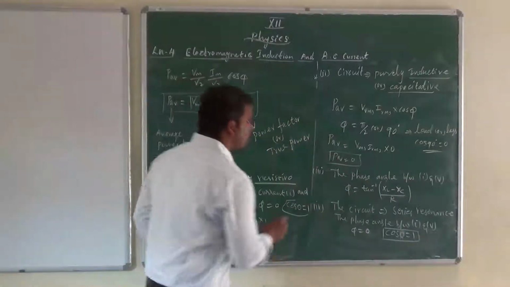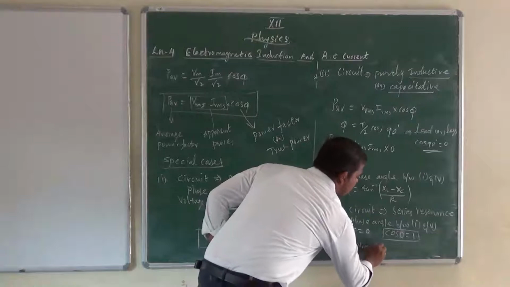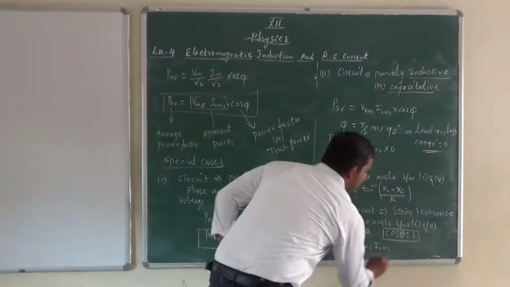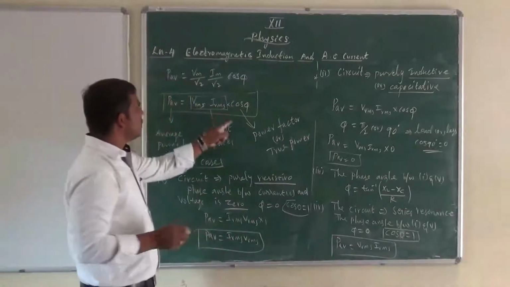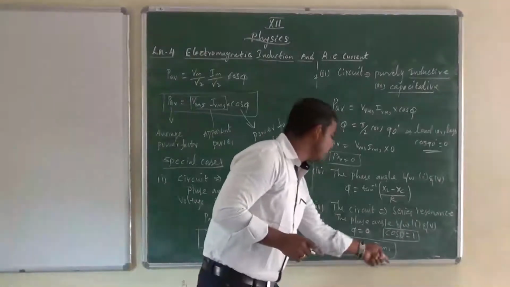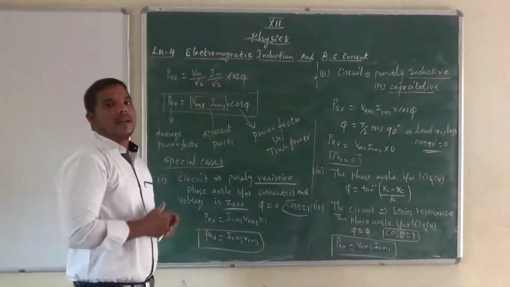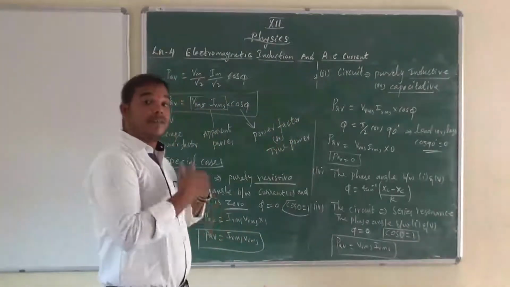Now we calculate the average power: PAV equals VRMS into IRMS, since cos 0 is 1. So the average power differs for circuits consisting of different components.